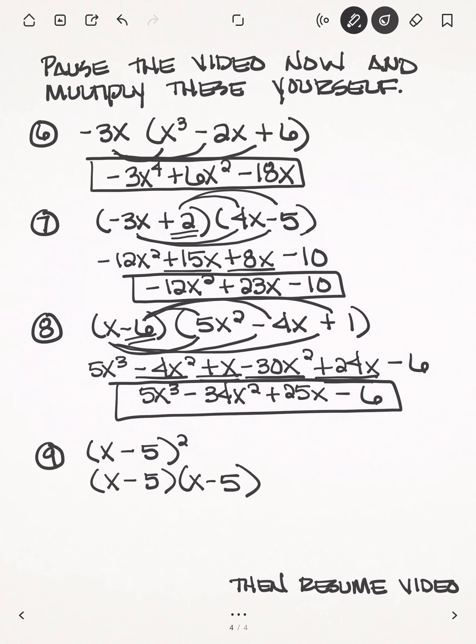You're going to have x and a minus 5 times x and a minus 5. Distributive property, we multiply here, we get x squared. Here we get negative 5x. Here we take this negative 5 and we distribute it. We get negative 5x again. And negative 5 times negative 5 is positive 25.